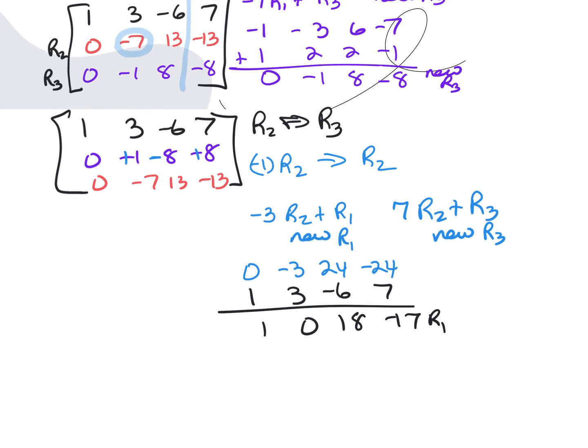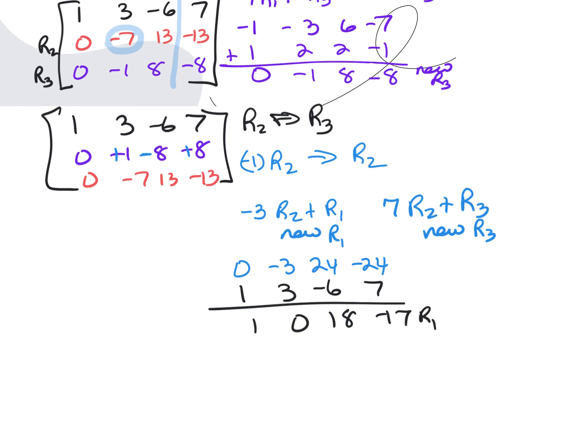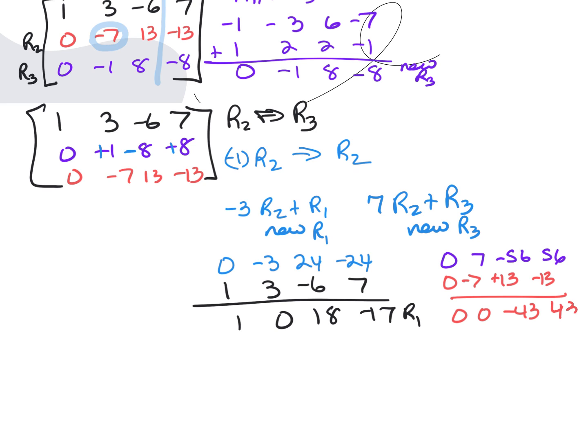So I'm multiplying row 2, the purple, by 7. So 0, 7, -56, +56. Add that to row 3. And then this gives me 0, 0, -43, and +43. This is my new row 3.